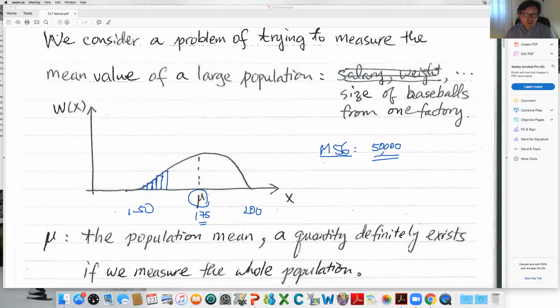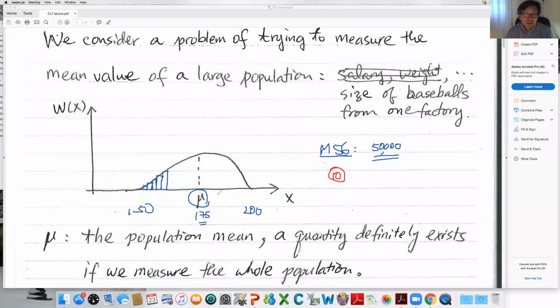There's one way that you can get a measurement of this mean value by taking a smaller number of measurements. That's the value of the central limit theorem. The central limit theorem says that instead of taking a measurement of 50,000, let's say I take a measurement of 10 people.